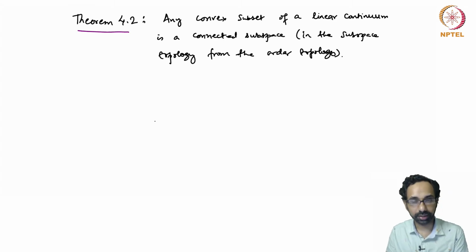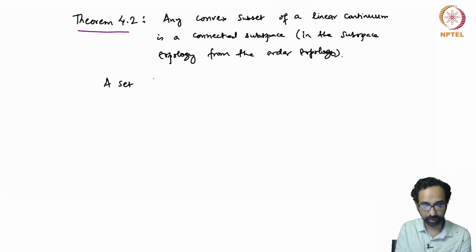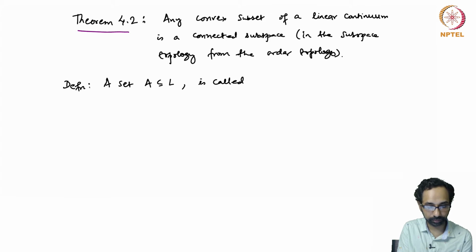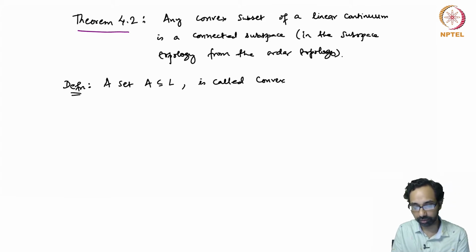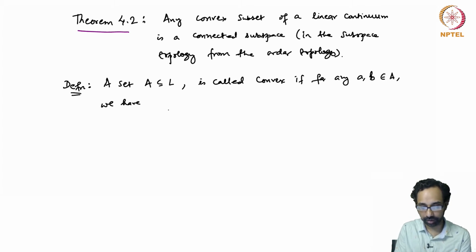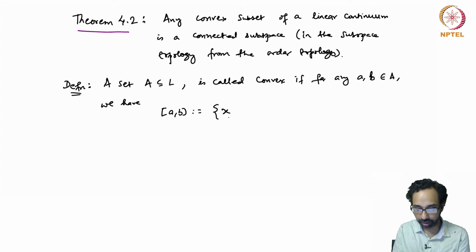So what is a convex subset? A set A, which is a subset of L, is called convex, and this is a definition, if for any a and b in A we have the set [a,b], which is just the collection of points x such that either x equals a, or a is less than x less than b, or x equals b.